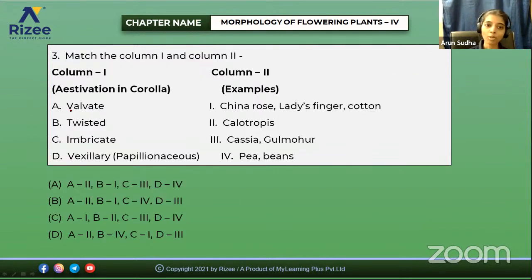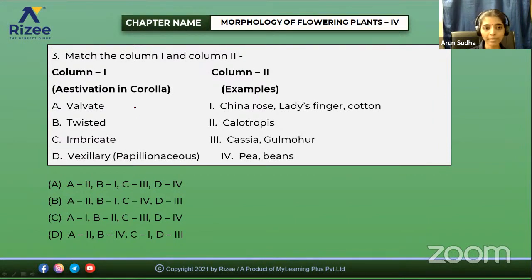So now match column 1 and column 2 about valvate distribution, twisted distribution, imbricate distribution, vexillary or papilionaceous distribution. So you should know the examples here. For valvate, what is the example we saw? Based on the example, you first match it and then you correlate with the answer and find out which option is correct. Yes, option A, good.